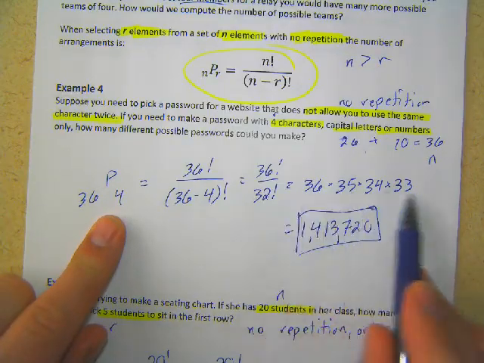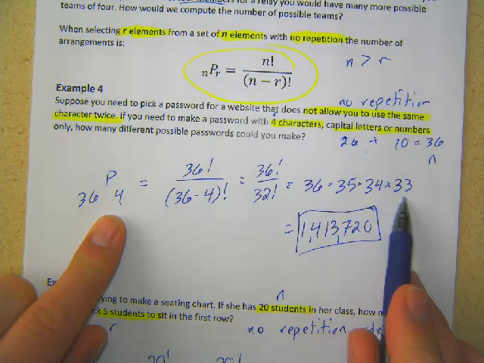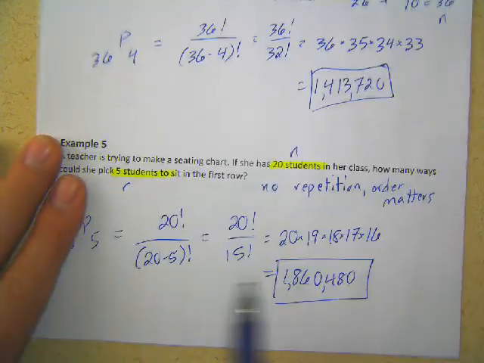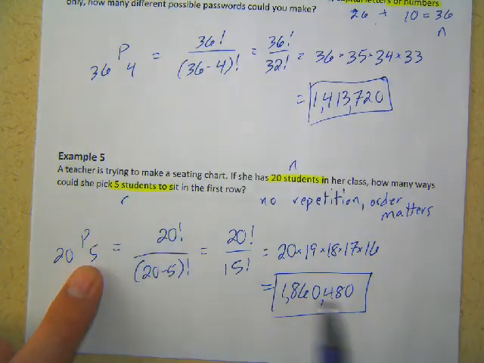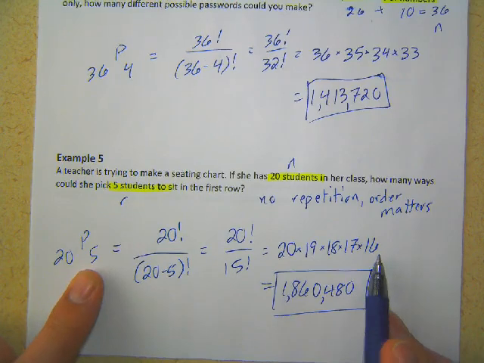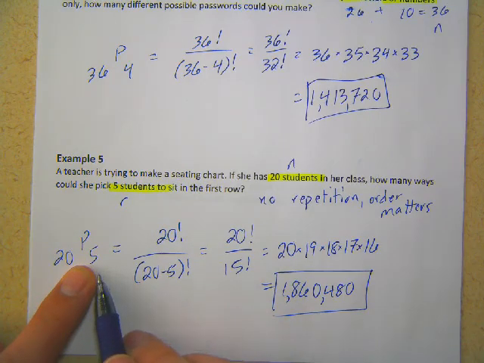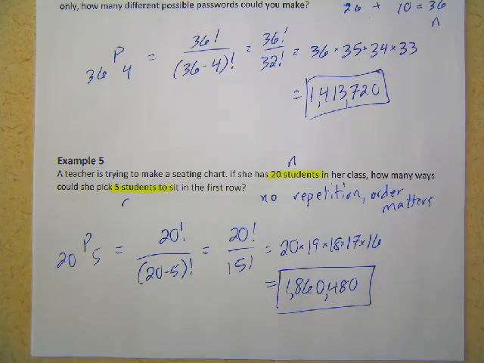So we go 1, 2, 3, 4, because if we do 36 minus 4, you end up with 32, and you only use the top 4. So this is always going to happen. The R number, 5, is going to tell you how many to count, so I end up with 1, 2, 3, 4, 5. If I'd chosen all 20, I would have done 20 all the way down to 1, but I chose only 5 of them for this password. So that's the difference from the n factorial formula where you're choosing all the elements.